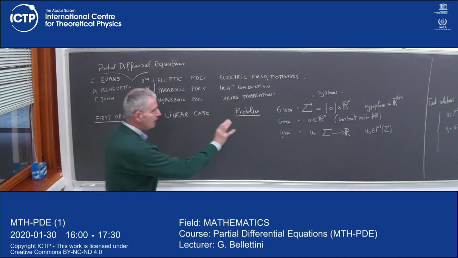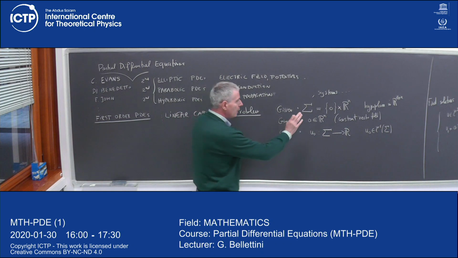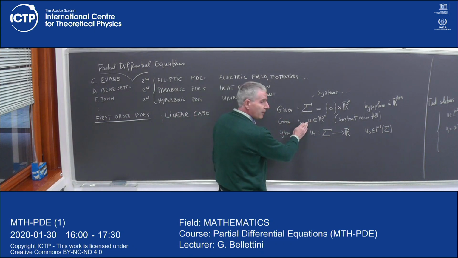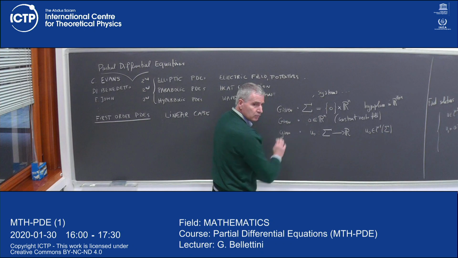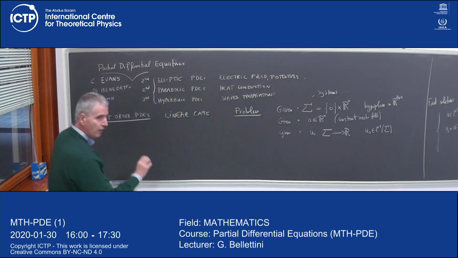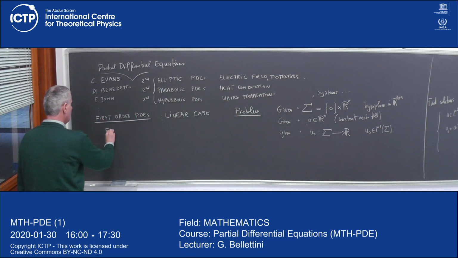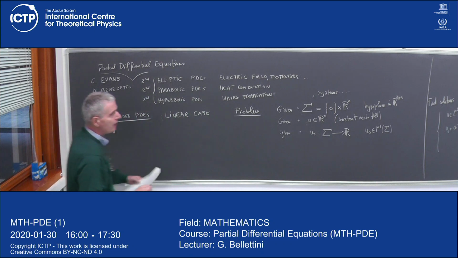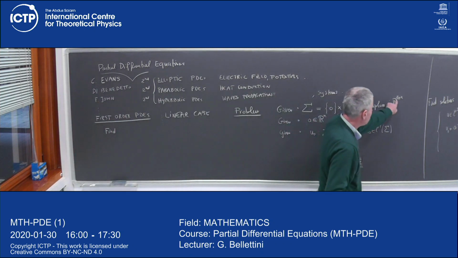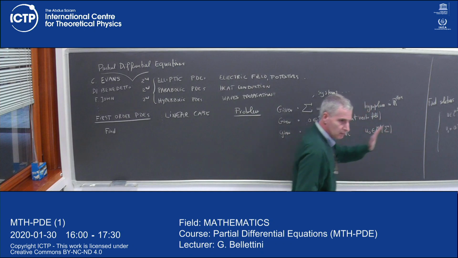So these are the data of the problem: a hyperplane, a vector, and an initial function. The problem is to find, and now I will explain why this strange 1 plus n, I will explain everything, okay?